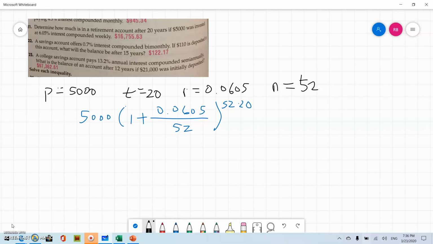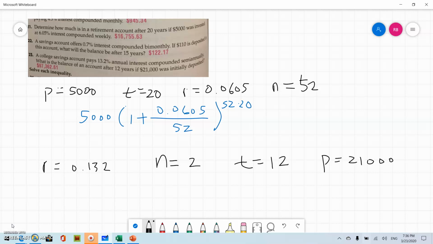It says a college savings account pays 13.2% annual interest, compounds semi-annually, meaning that it compounds twice a year. What is the balance of the account after 12 years if my initial amount was this?